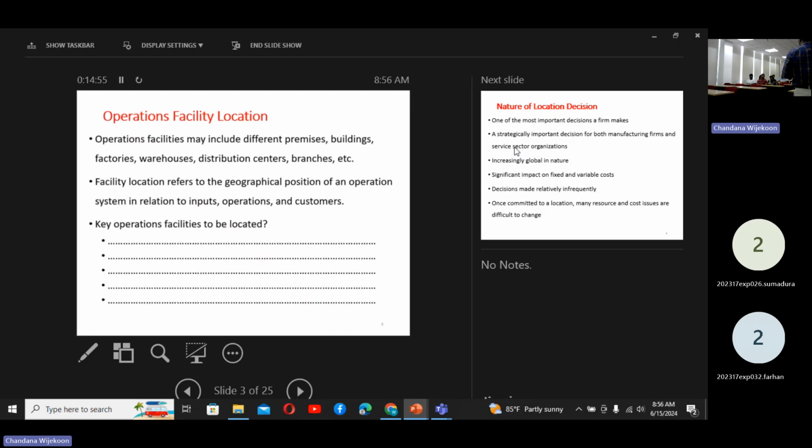Factories and warehouses. That answer should directly come to your mind, right? If it is a manufacturing firm, if they are involved in manufacturing, they anyway require a place to manufacture. That is a factory. That's a factory, right? And also, as she correctly pointed out, warehouses are required. Why? To store products.